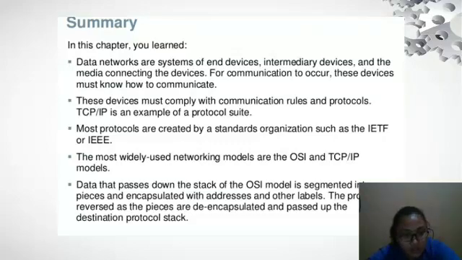The most widely used networking models are the OSI and TCP/IP models. Data that passes down the stack of the OSI model is segmented into pieces and encapsulated with addresses and other labels. The process is reversed as the pieces are de-encapsulated and passed up the destination protocol stack.